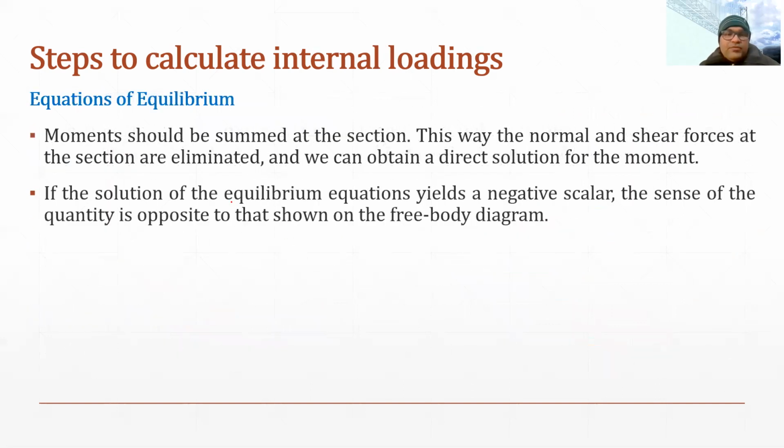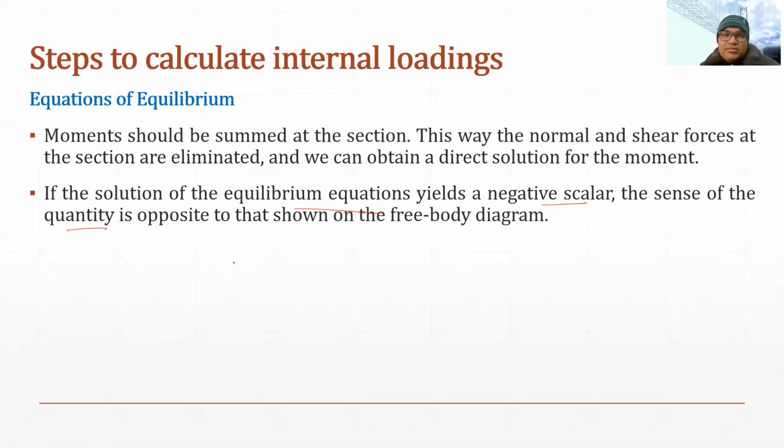Now it says if the solution of the equilibrium equations yields a negative scalar, then what does it mean? It means the sense of the force which we assumed earlier is opposite to our assumption. Like in the previous lecture, in case of trusses, I was assuming the sense within the members, whether they are in compression or in tension.